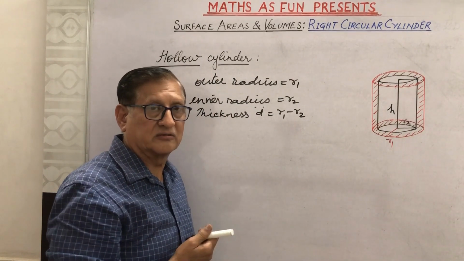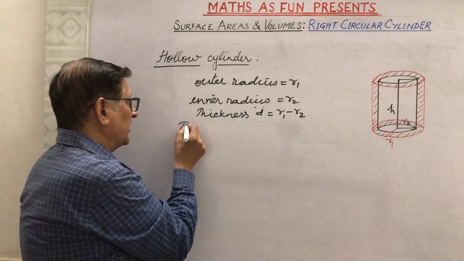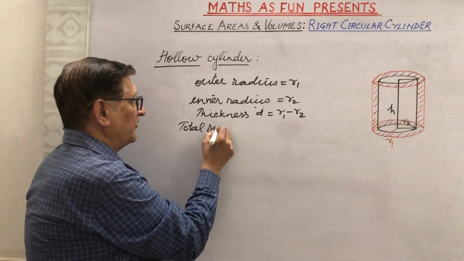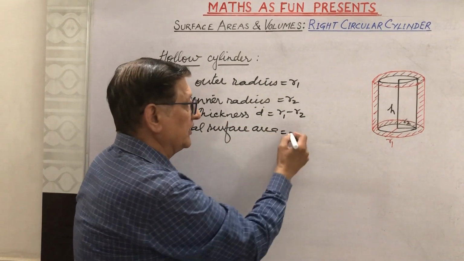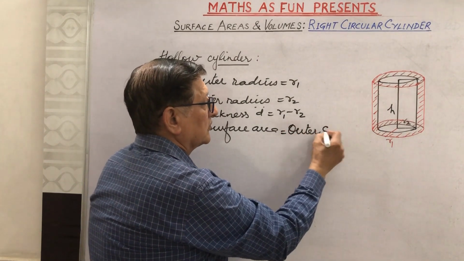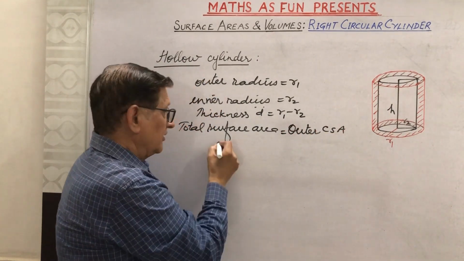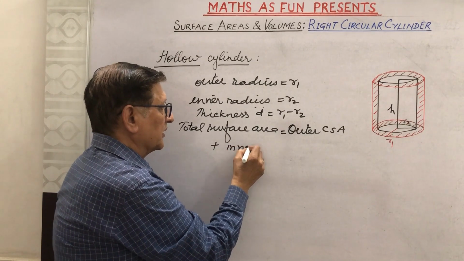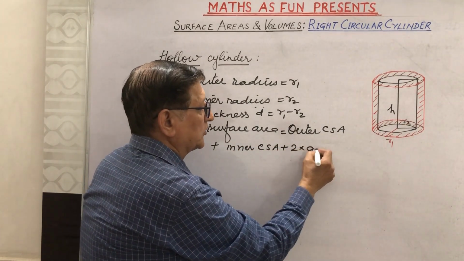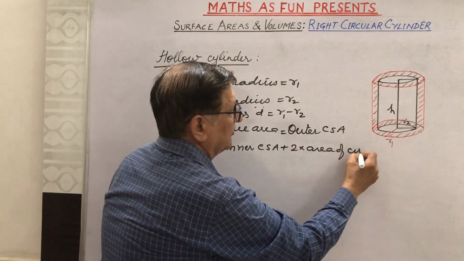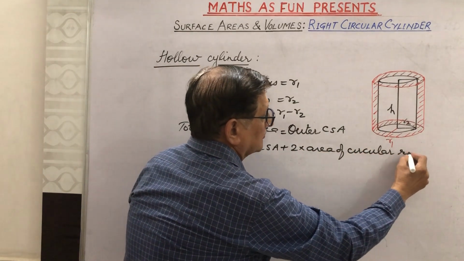They are circular rings. So the total surface area in that case will be outer curved surface area plus inner curved surface area plus 2 into area of circular ring.